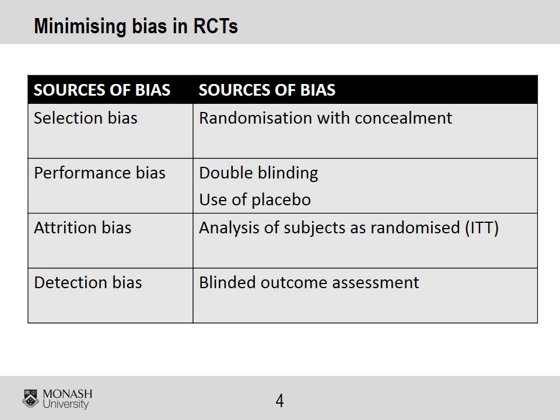So selection bias we'll overcome by randomisation. Performance bias and detection bias we overcome by blinding, and then attrition bias, that is the follow-up of participants, we overcome by a particular concept called intention to treat. So we'll run through these four methods over the next few slides.